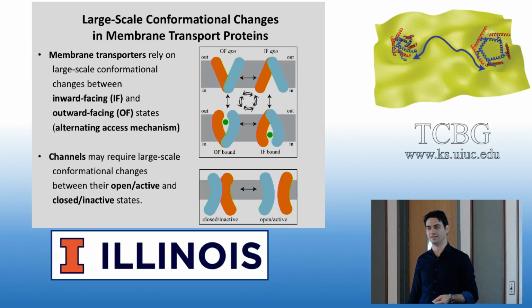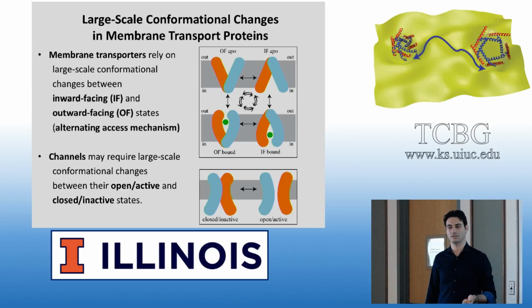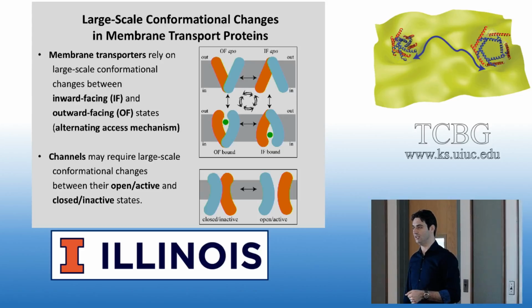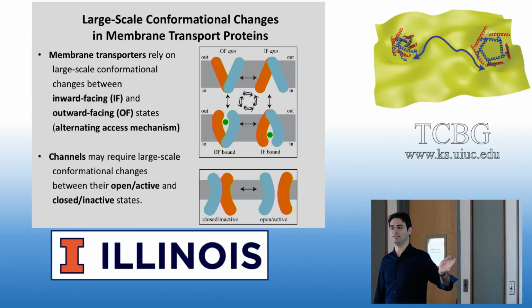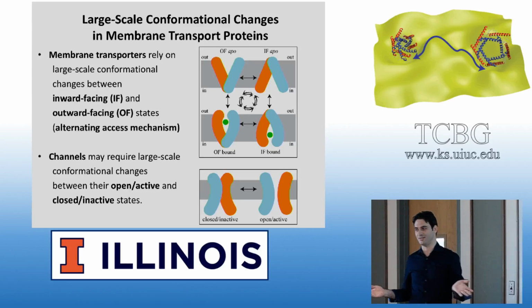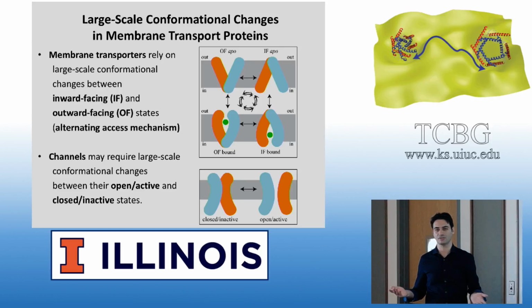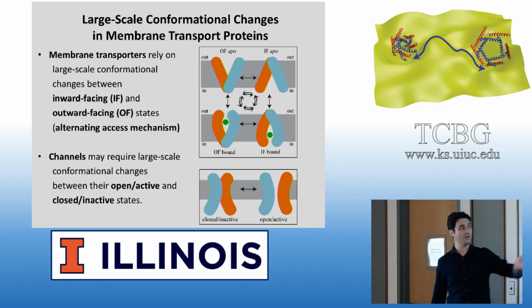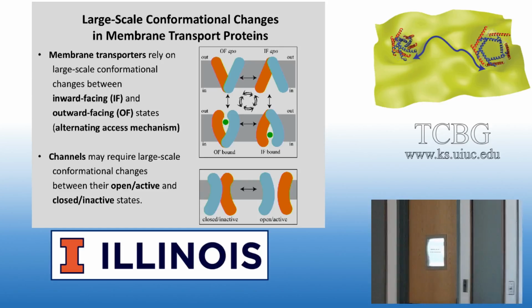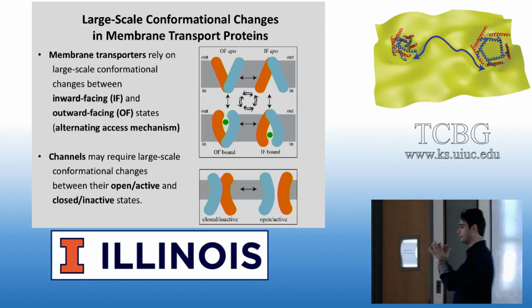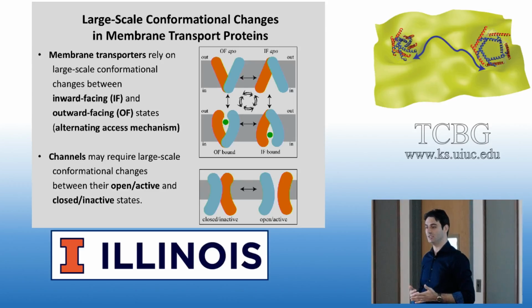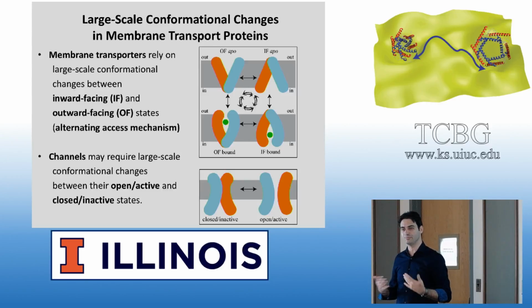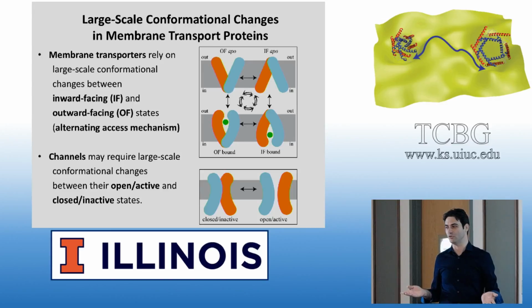So if you are interested in the function and structure relationship, then this becomes the main question to answer: how this protein undergoes large scale conformational changes and how it's coupled to chemical events. How, in this case, for instance, the transport and the large conformational change of the protein is coupled to the binding, transport, and unbinding of the substrate. And if there are multiple substrates involved, then it becomes more complicated.